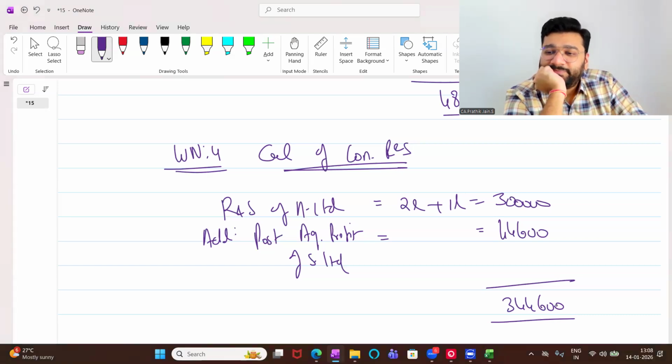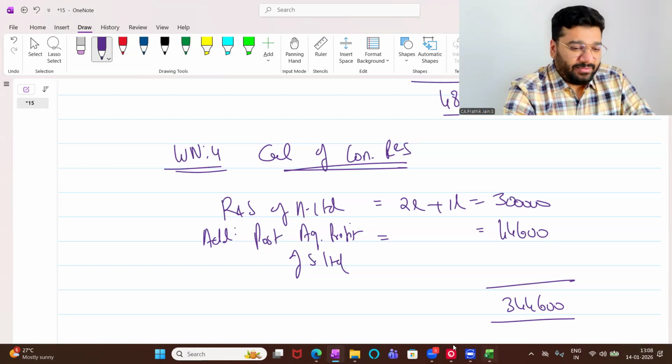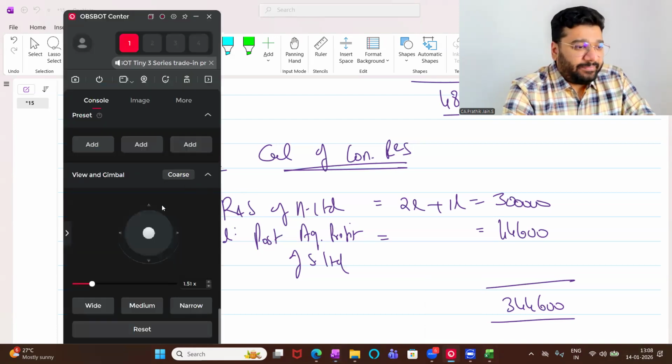Done? You have to prepare working note for everything. Sir. No, in exam I'm telling. She scared me now. Oh yes, it's a balance sheet, हो गया.